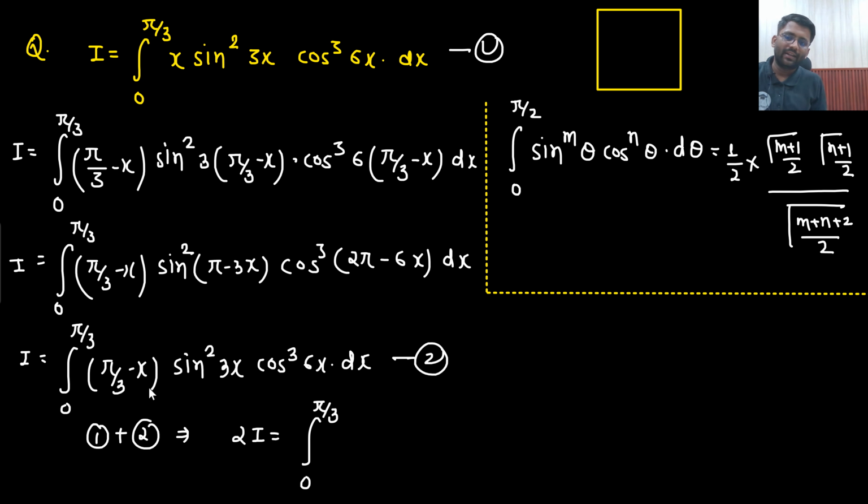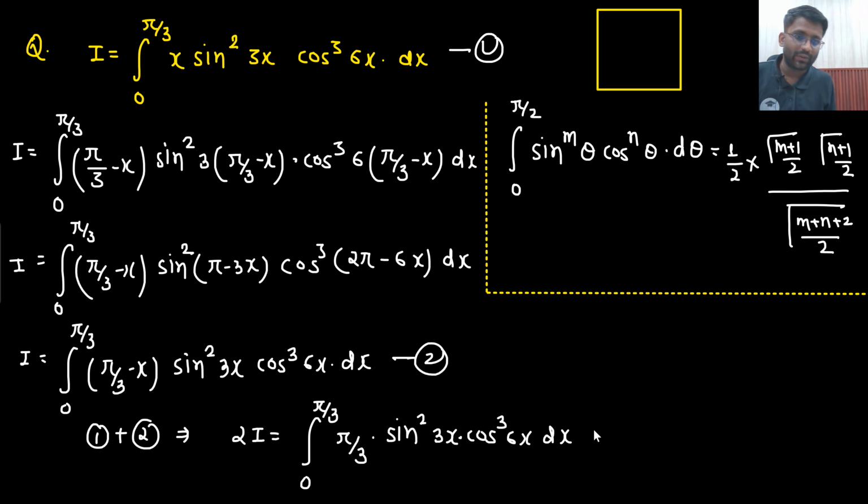And then inside what you will be getting? Pi by 3 minus x plus x. So plus x and minus x will get cancelled out. Only pi by 3 will be left. So pi by 3 dot sine square 3x cos cube 6x dot dx.